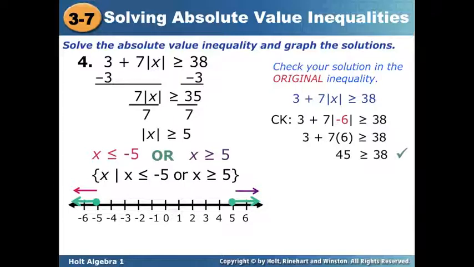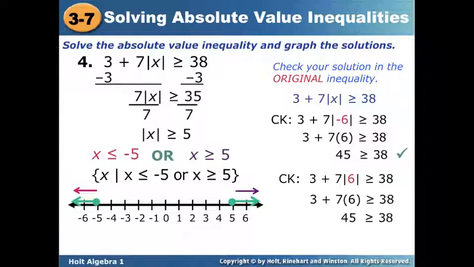We find that 45 is greater than or equal to 38. We'll also need to check a number from the other shaded area. 7 times positive 6, once you take the absolute value, and then add 3. Again, this does check out.